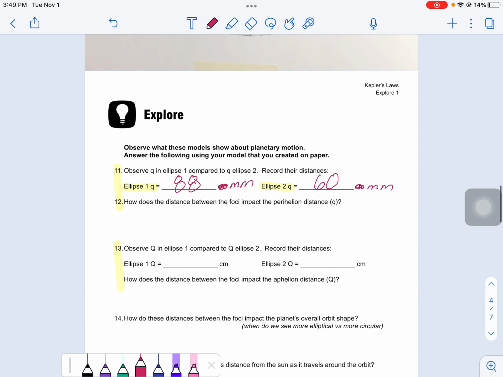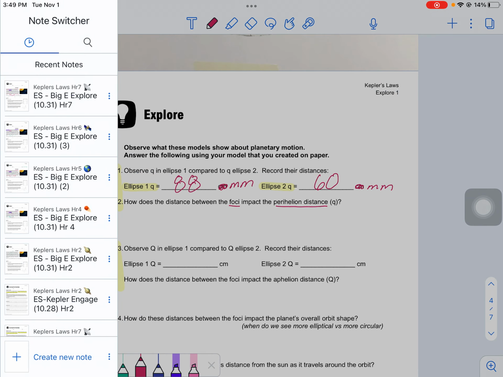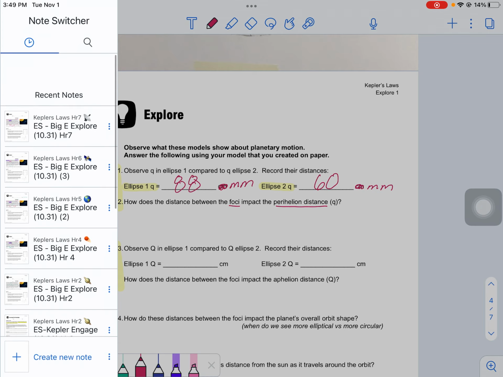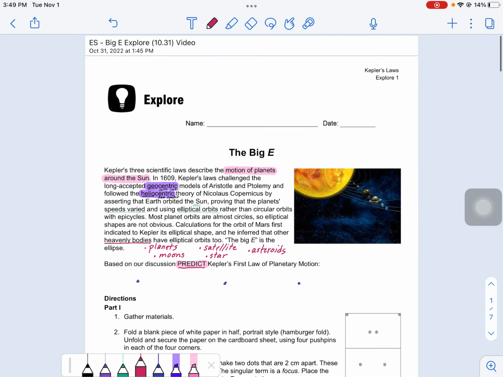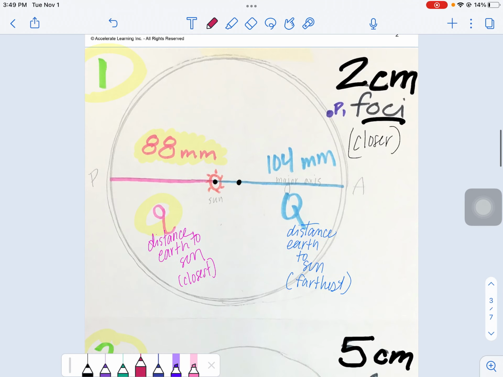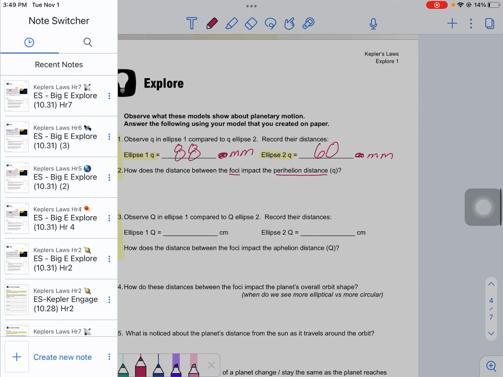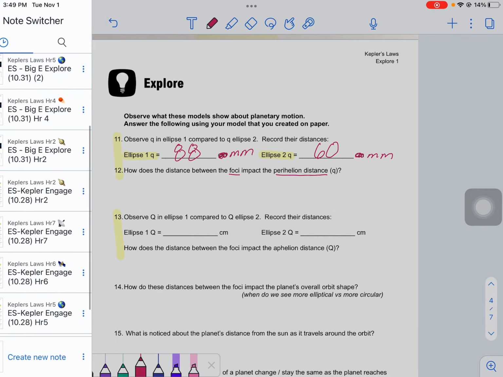We want to know, comparing the foci of those two diagrams, how does that impact our perihelion distance? Well, this always makes sense to me if we do, let's see, where am I here? I wanted to do a little half screen, but I want to make sure I'm in the right spot.